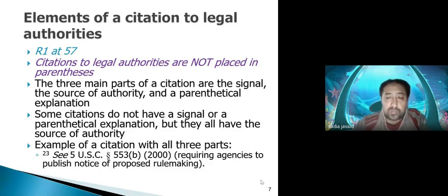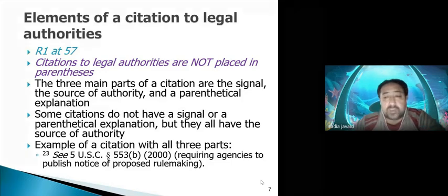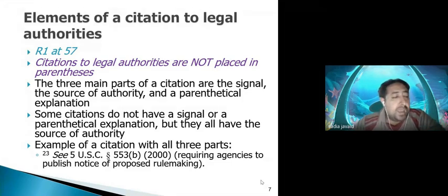Then the source of authority: who is the owner, who is the second party, and who the other parties are dealing with these things. And a parenthetical explanation, where you add an extra explanation.